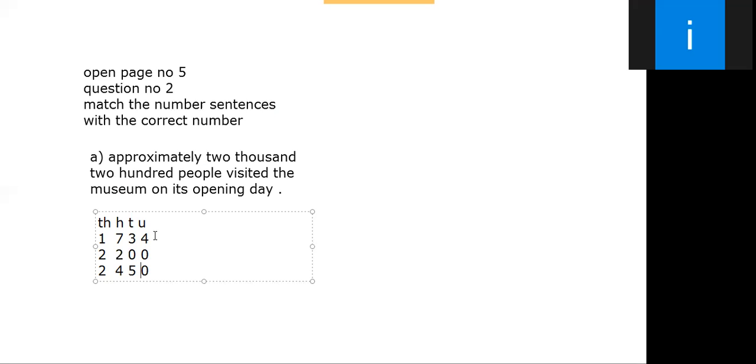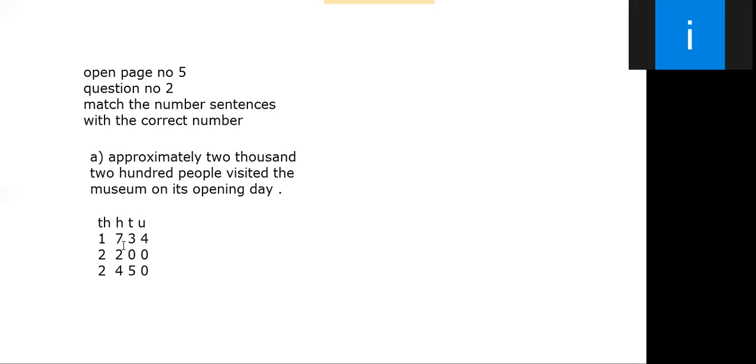So again, we are going to go on part A, what they are asking about. We have to match it with the perfect value. Approximately 2,200 people visited the museum on its opening day. The value is 2,200.